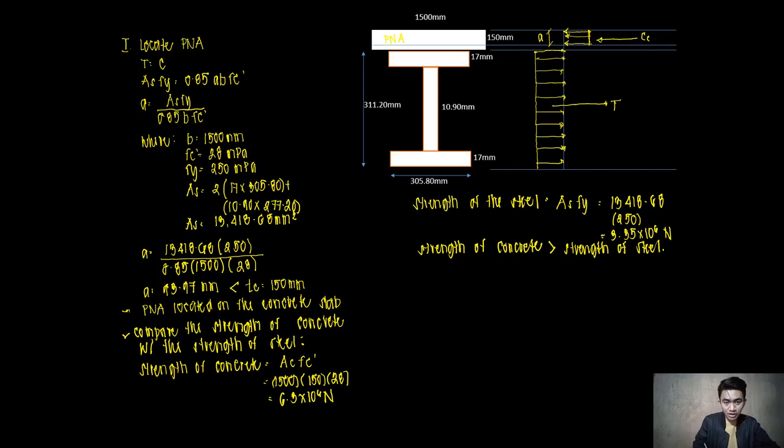So number 2 here, our second step, determine M sub n. So for me to be able to determine M sub n, I either take summation of moments here at the tensile force. If I take moments here at the tensile force, the tensile force will not rotate.